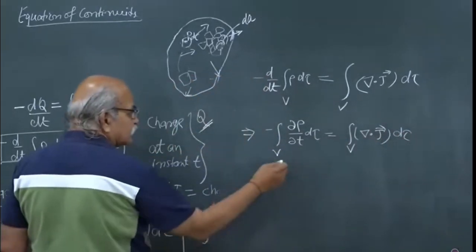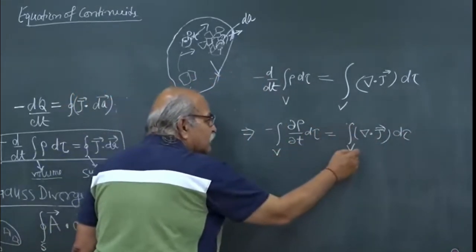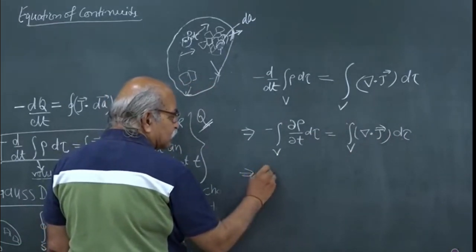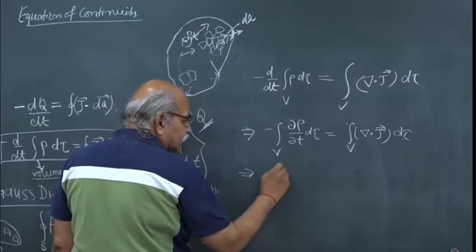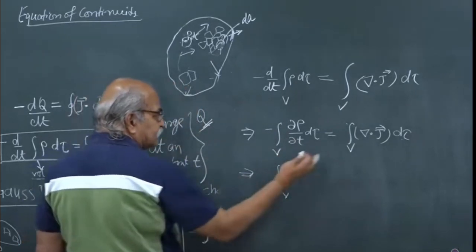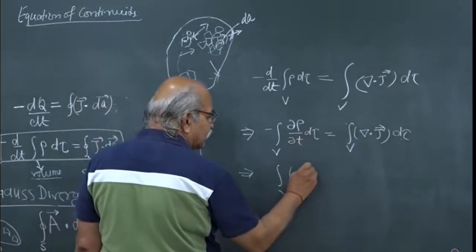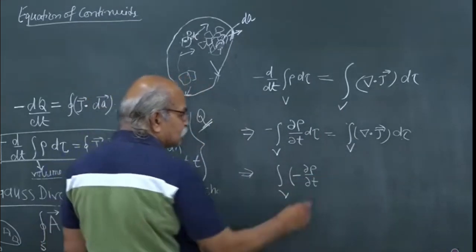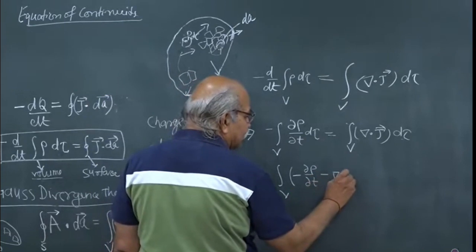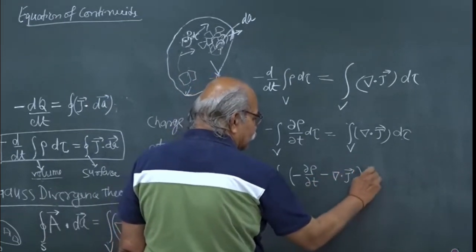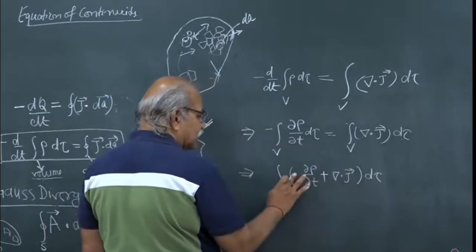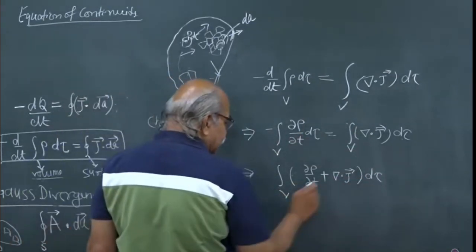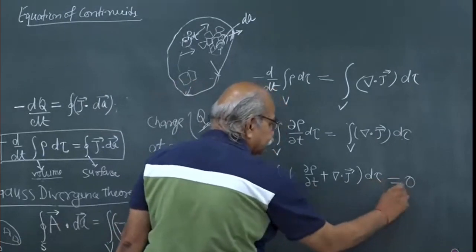Now you have the same volume and d tau here, so if I take everything to one side, you can write the integral over V of minus del rho del t minus divergence of j, d tau, is equal to 0.